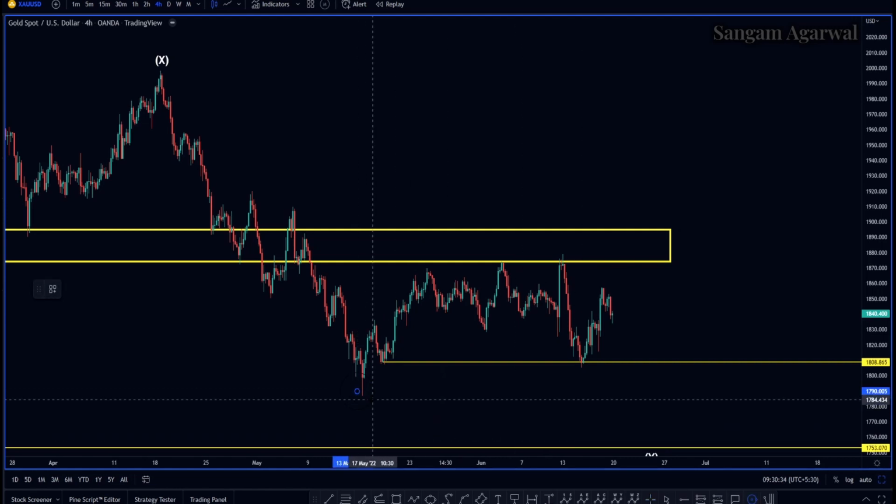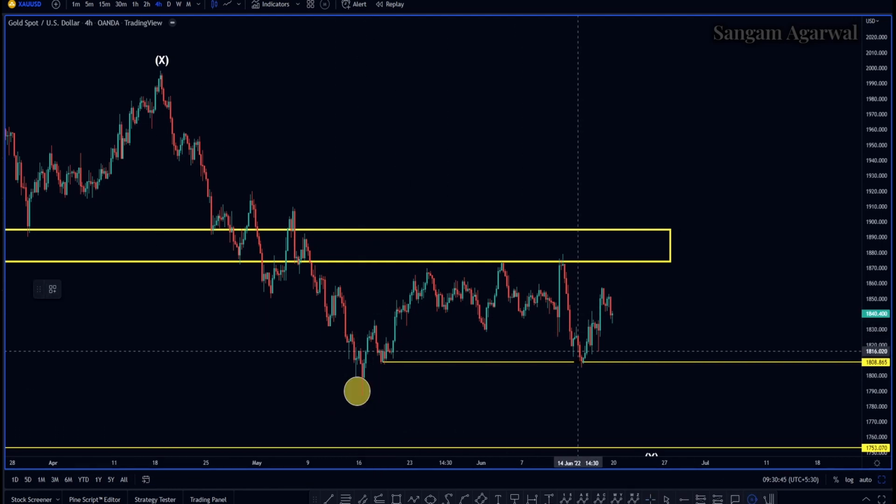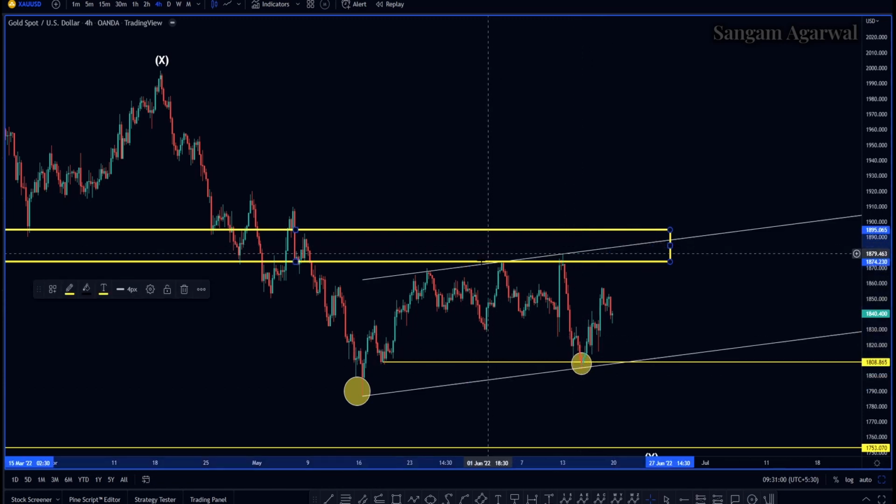And if this is a bottom and this is the bottom for retracement, then it looks like a possible parallel channel, and the upper line has already been tested 3 times.